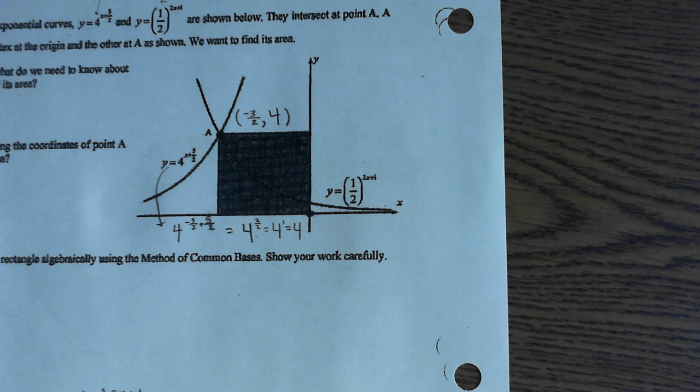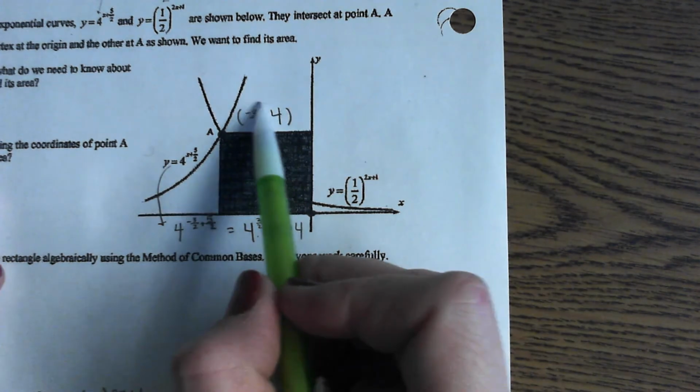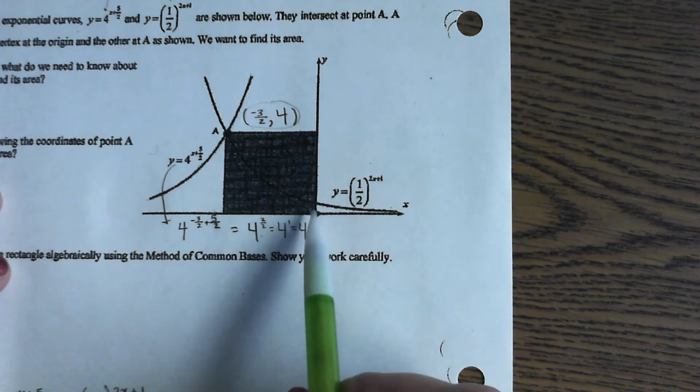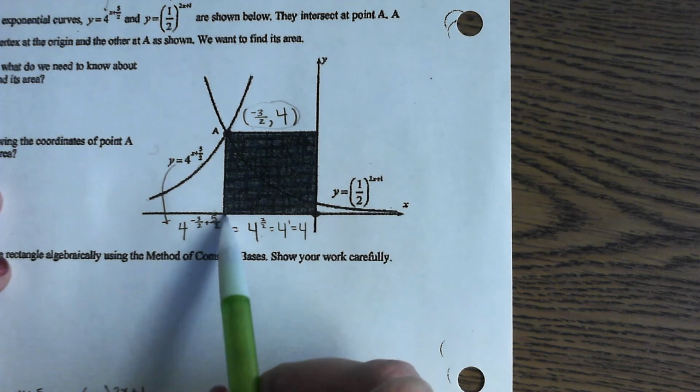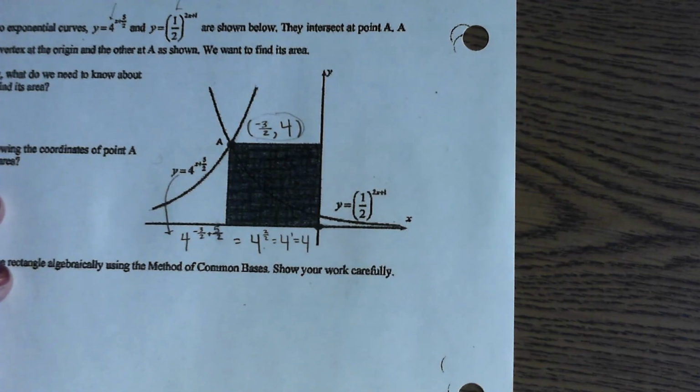So this essentially then goes on to say we want to find its area. How do you find the area of a rectangle? Length times width. How does knowing this coordinate help us know the length and the width? Lucas.